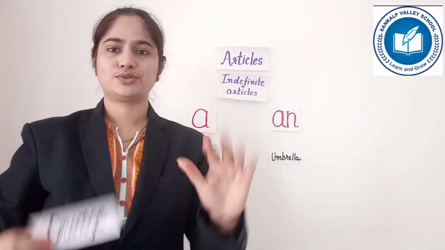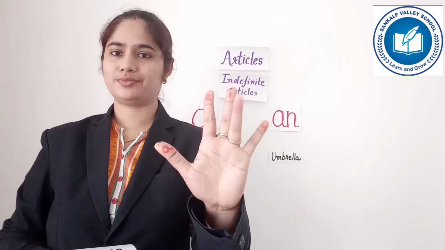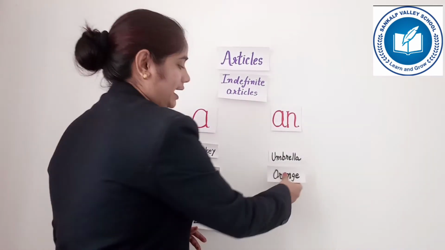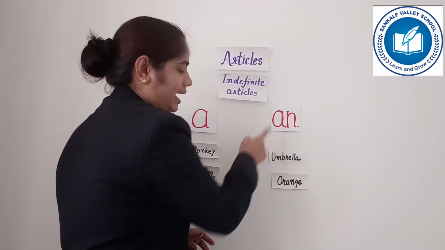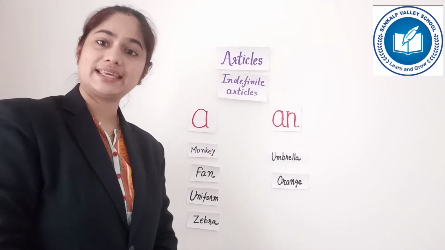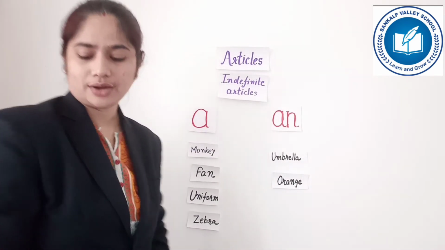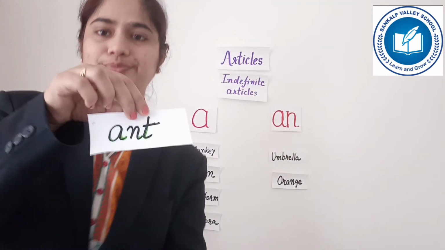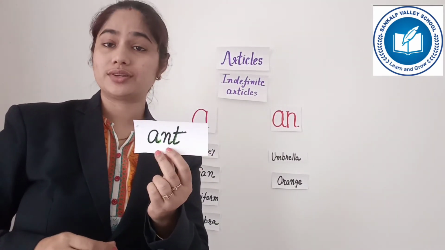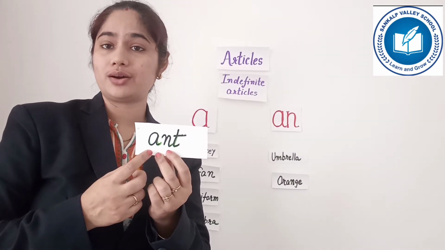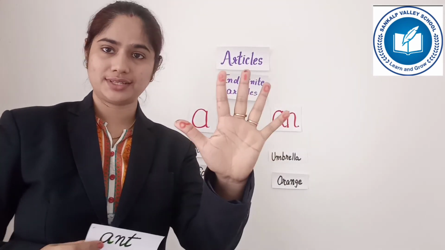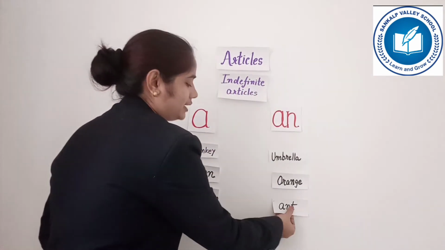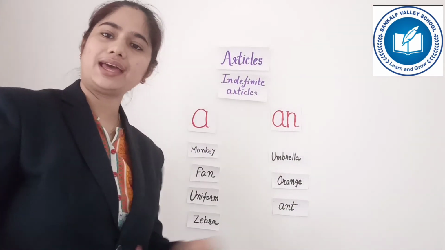O. Yes, it is among the vowel sounds. So we will say an orange. We always say an orange. Now next one is ant. What is the opening sound of the noun? A. So we will place it under an, an ant.